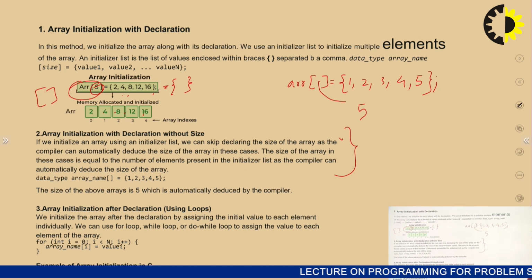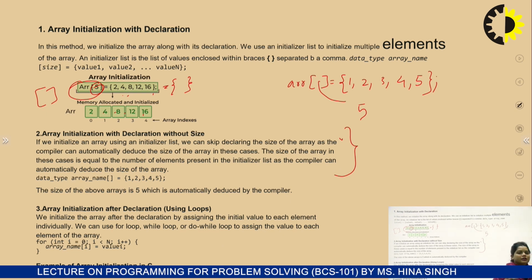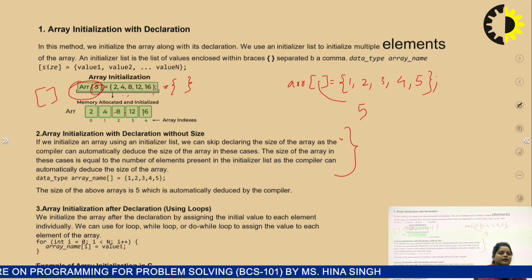Now, array initialization after declaration, or using loops. If the user has not provided the elements in the beginning, and you want the user to input the elements as he or she feels, how do we initialize the array?